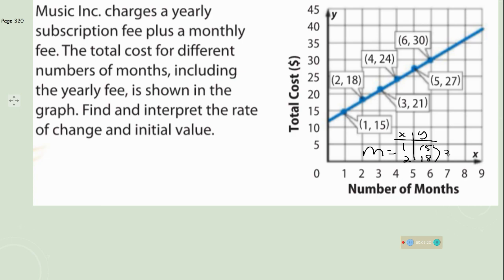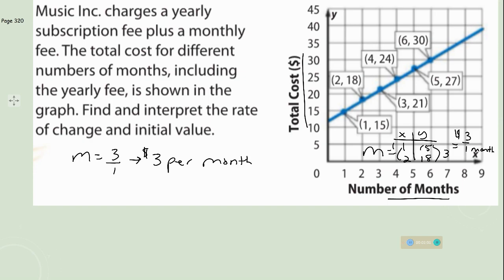The change here is 3, the change here is 1, so our slope is 3 over 1. 3 what? $3 for every 1 month. The words on the horizontal and vertical axis tell you what it means. So, m equals 3 over 1, or $3 per month.